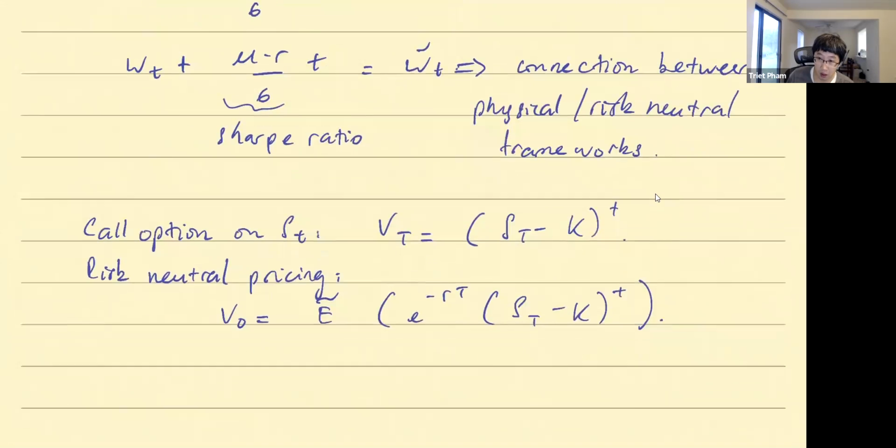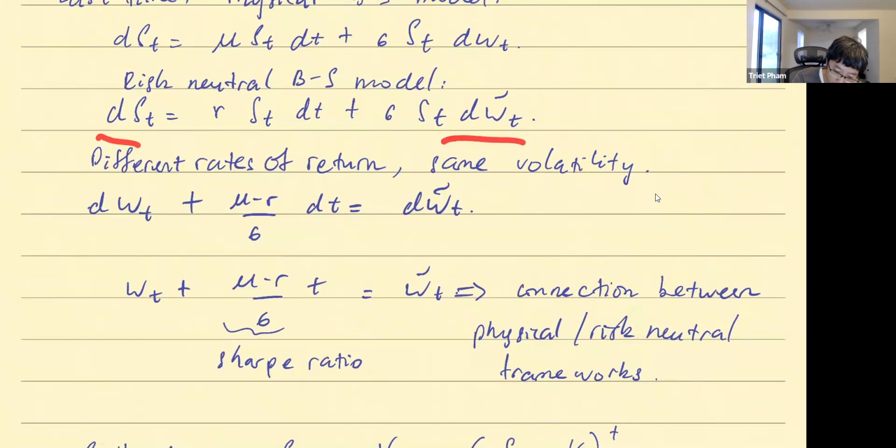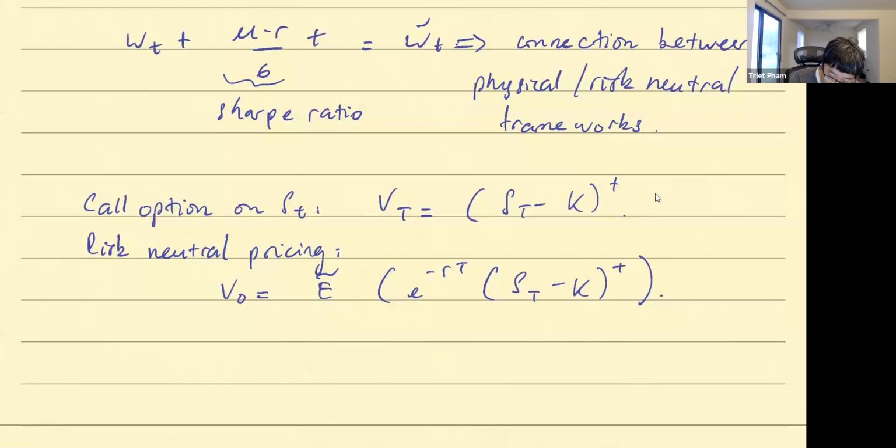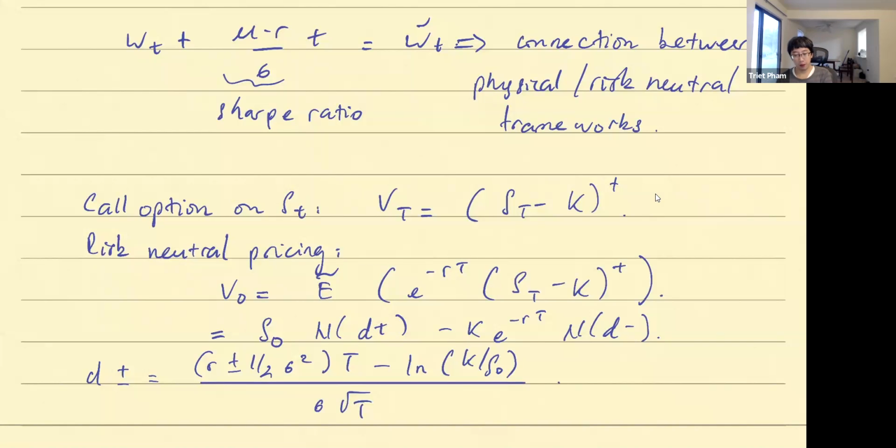Now, if you apply the model and you work out the expectation, the Black-Scholes formula says this is going to be S_0 N(d_plus) minus K e^(-RT) N(d_minus), where d_plus/minus is (R plus/minus 1/2 sigma squared) T minus log, this is natural log, K over S_0, divided by sigma square root T. Okay, so that rounds off the whole story about risk neutral pricing under the Black-Scholes model.